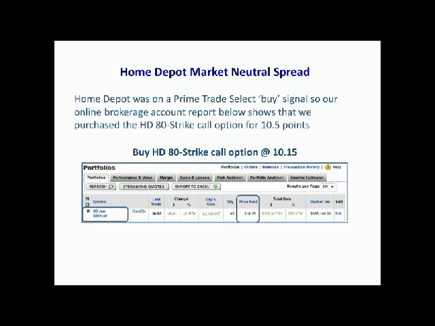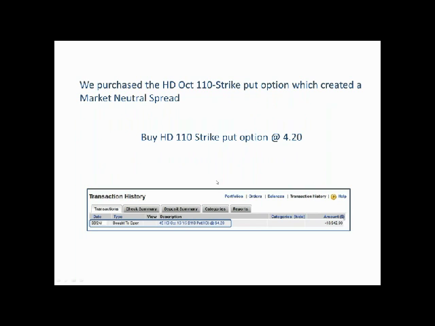So what we did is we purchased a put option on this, and we usually purchase the put options maybe 2 to 3 months out, and then when that put option expires, we just roll over into a new put option for protection. So in this example, we had $120,000 profit, and the put option protection we had in place was expiring, so we went ahead and bought the 110 strike put option at 4.20.